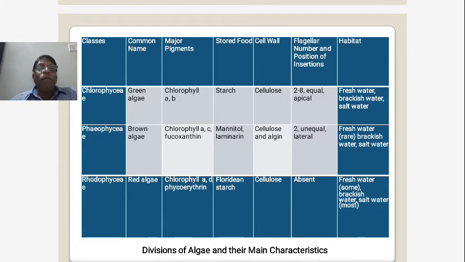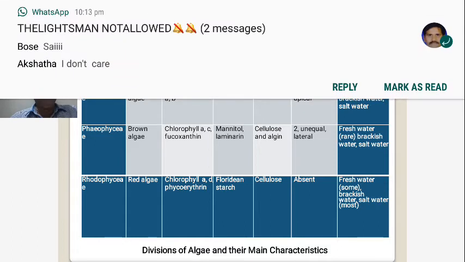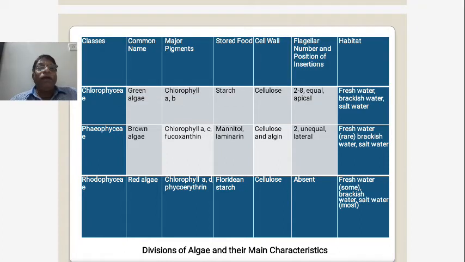In the next column, the pigments present in the class Chlorophyceae are recorded. The members of this class Chlorophyceae contain the chlorophyll pigments.